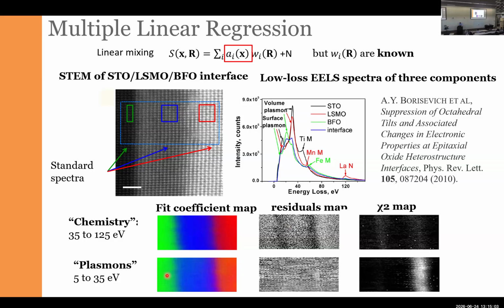If we try to do the same type of analysis in the plasmon energy range, so this is the core loss region, we measure only the core electrons. This is where the plasmons are. You can see that one of these interfaces actually demonstrates significant error signal. So basically, using this method, we demonstrate that as far as chemistry is concerned, everything is linear.